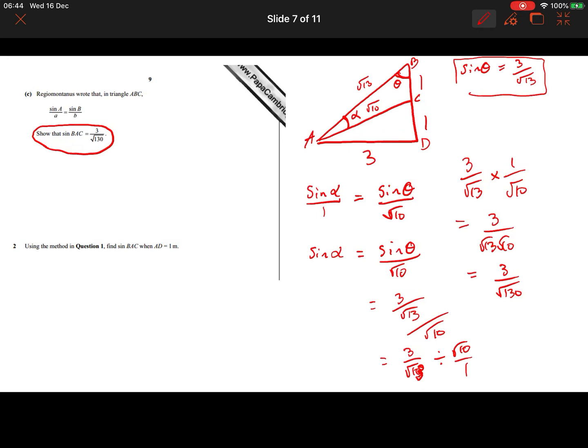So use that fact. Maybe you couldn't do part C. Doesn't mean you can't go and do some of the questions in question 2 that are coming up. So please don't give up on a question just because there's one little part that you can't do. The keyword show means you already know what the answer is. You just have to aim for it and show how we got it.